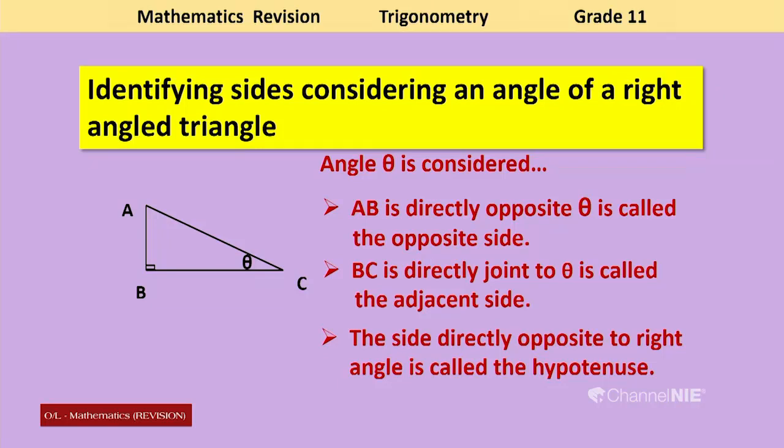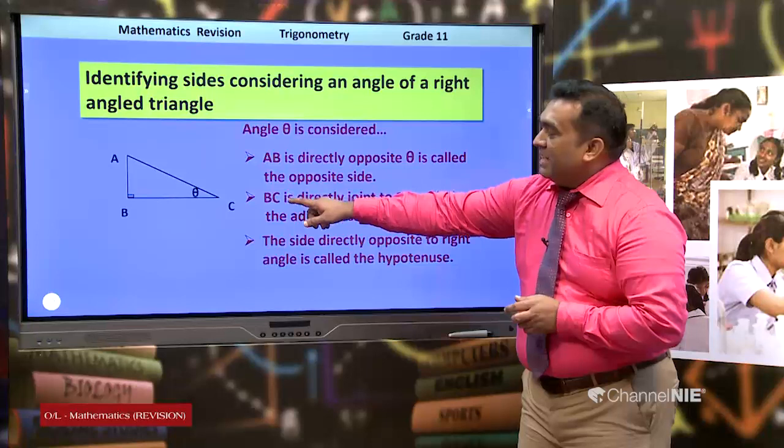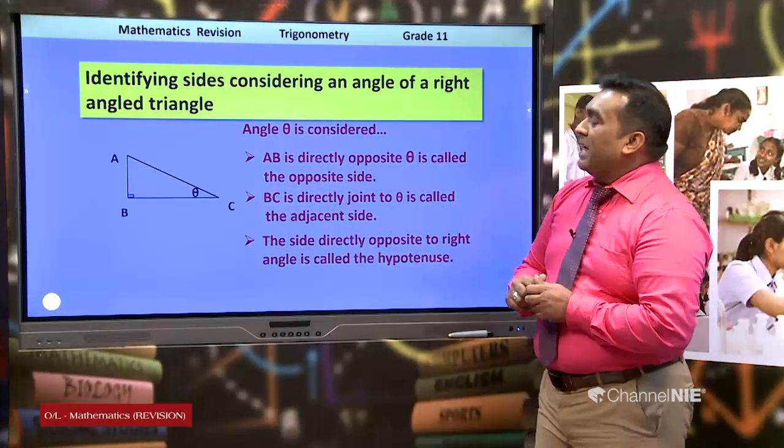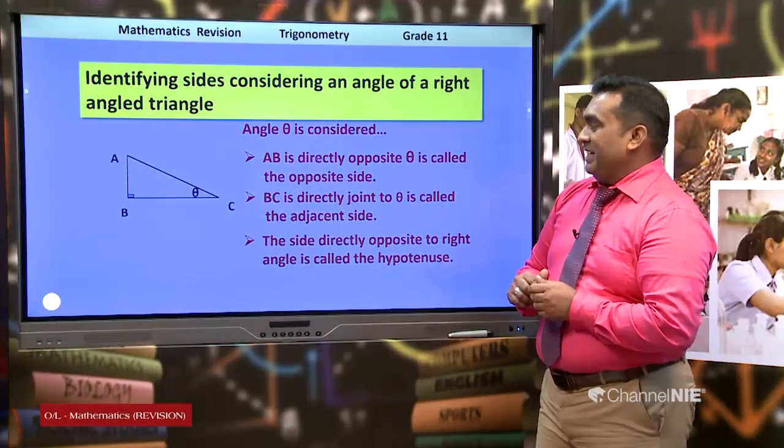Here, side BC is joined with the angle we considered, theta. Then what is the name of BC? BC is called the adjacent side.